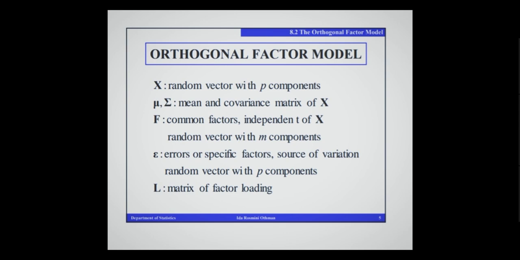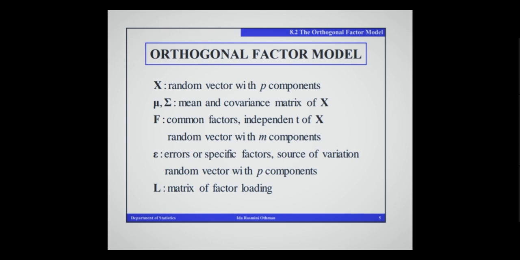Okay, ini explanationnya lah. X adalah random vector with P component, the variables. Mu and big sigma adalah mean dan covariance matrix of X. F adalah common factors independent of X. Common factors ni adalah independent kepada X. Dan epsilon adalah error of the specific factor.